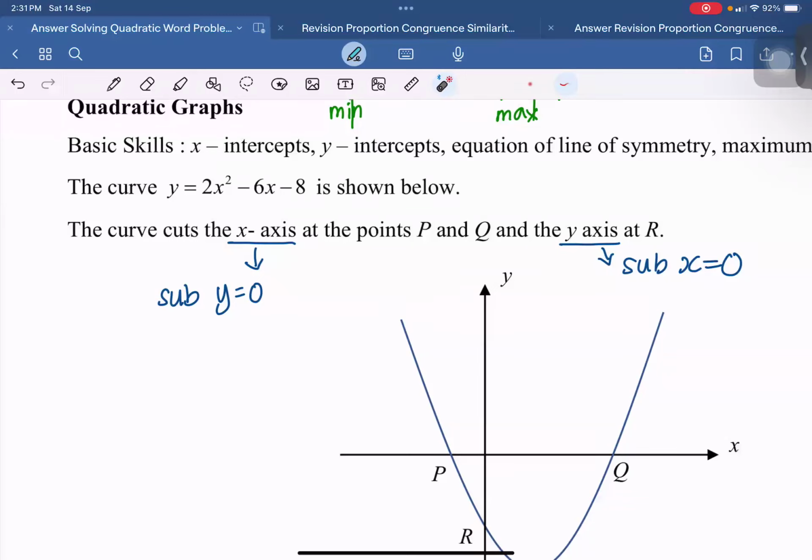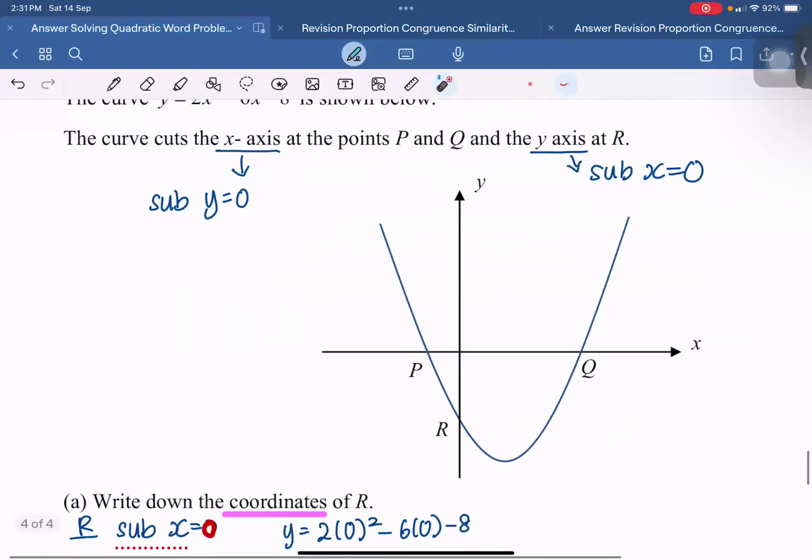Okay, never mind then. All right, so cut the x-axis, what must be equal to 0? The y must be equal to 0. That means at the same time, if I cut the y-axis, the x must be equal to 0. Is that okay?